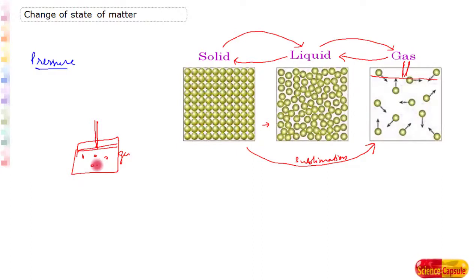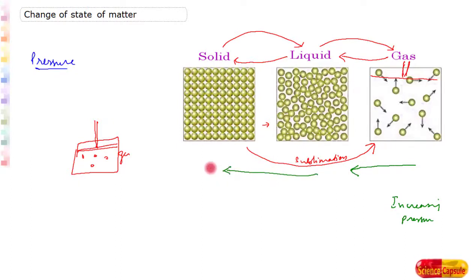When we increase the pressure continuously, then what happens? The particles will come closer and closer to one another. Finally, a stage will be reached in which the arrangement of particles corresponds to the arrangement of particles in liquid. In that case, gas will be converted into liquid. So, this way, by increasing pressure, gas can be converted into liquid, and liquid can be converted into solid.